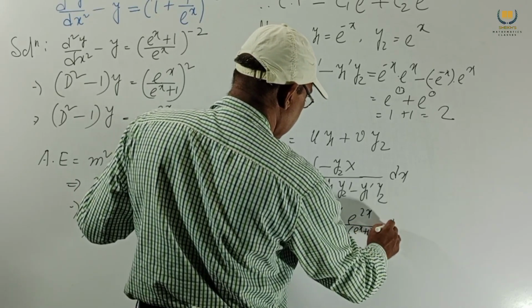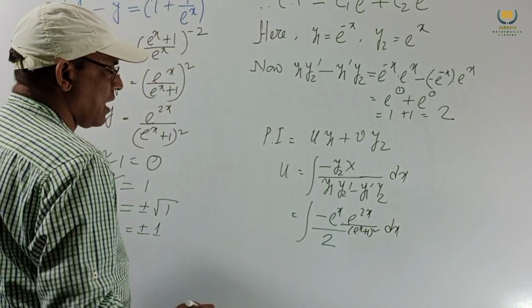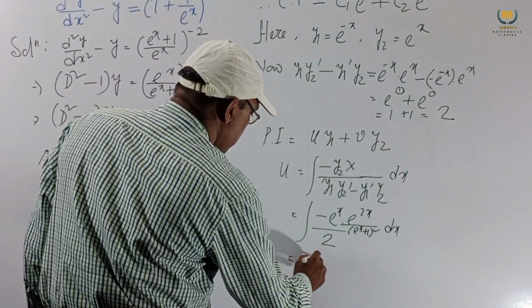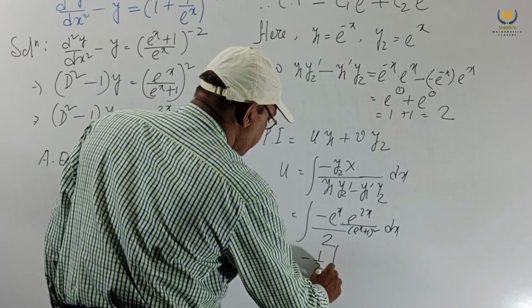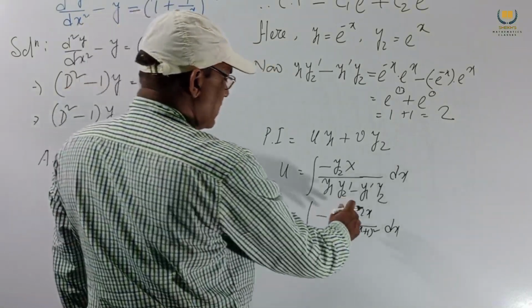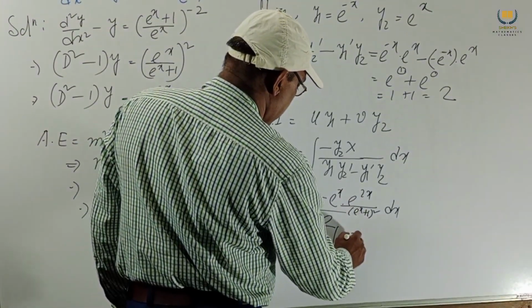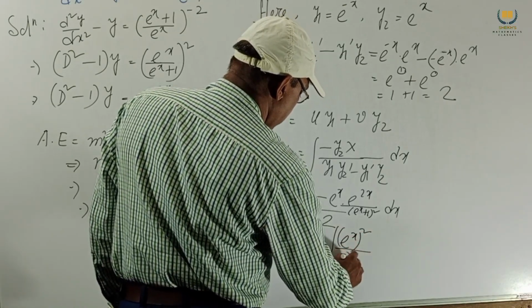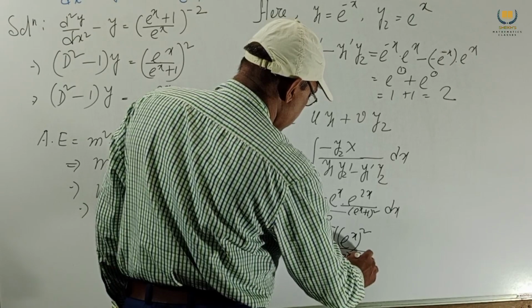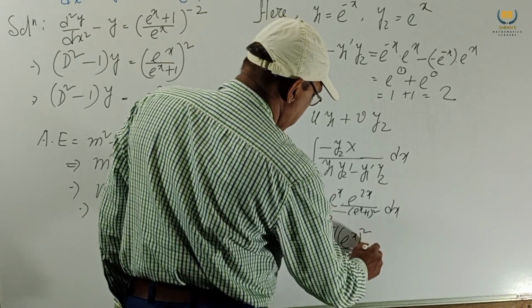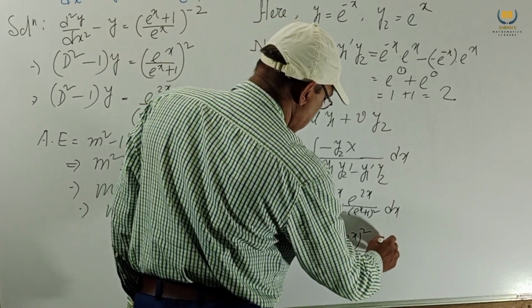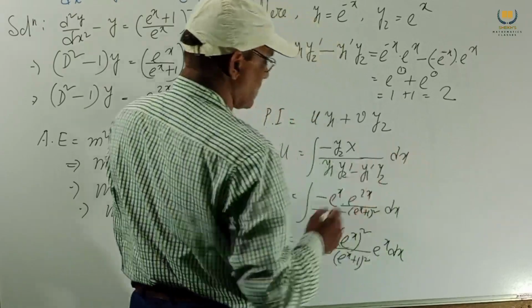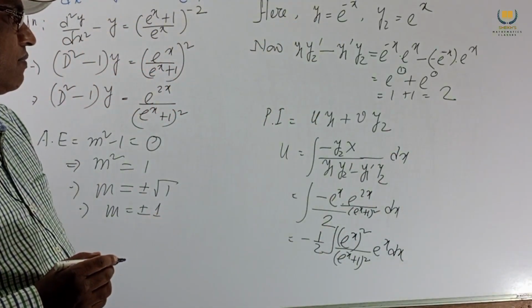And −1/2, we arrange this as (e^x)² / (e^x + 1)², and this e^x we write here, e^x dx. We can write in this way.